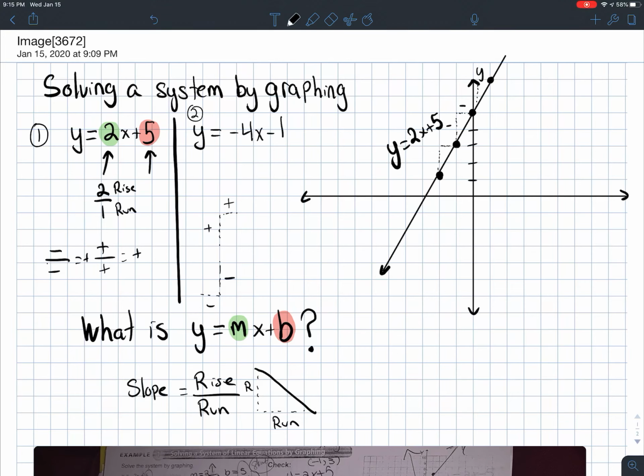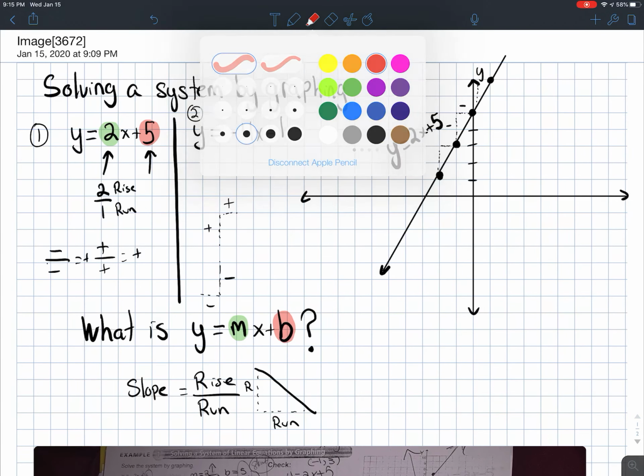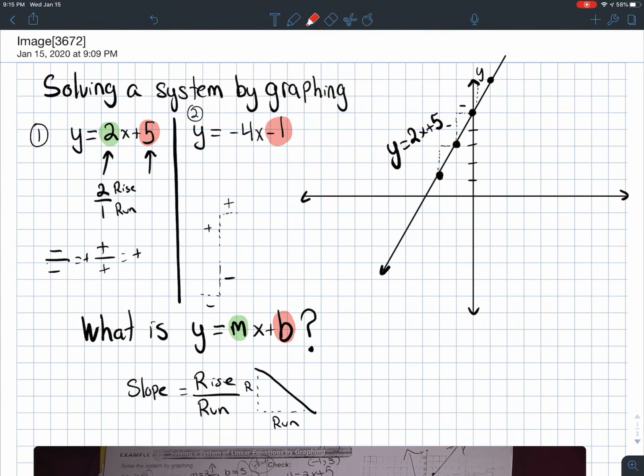So the second line we have is y equals negative 4x minus 1. So over here my y-intercept is going to be at negative 1, and my slope in this case is going to be negative 4 over 1.